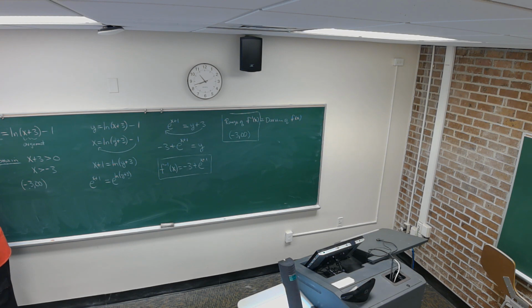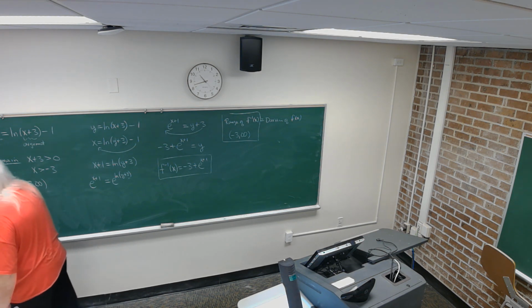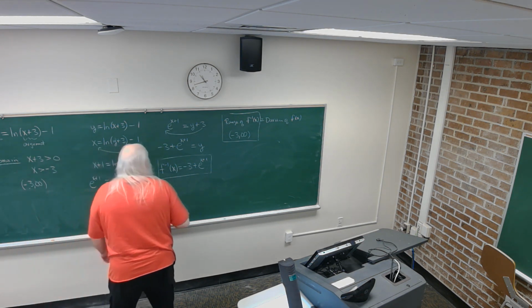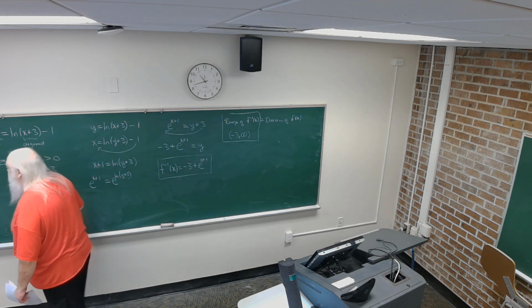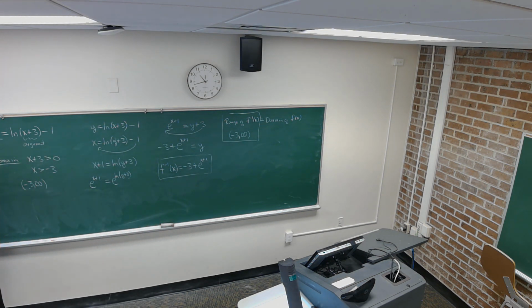And then when you subtract 3, it shifts the graph down 3 units. So the range, instead of going from 0 to infinity, now goes from -3 to infinity.